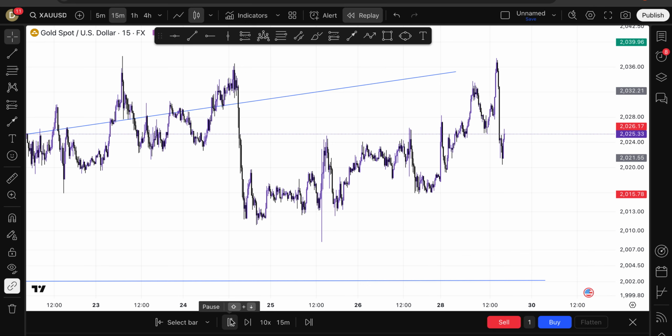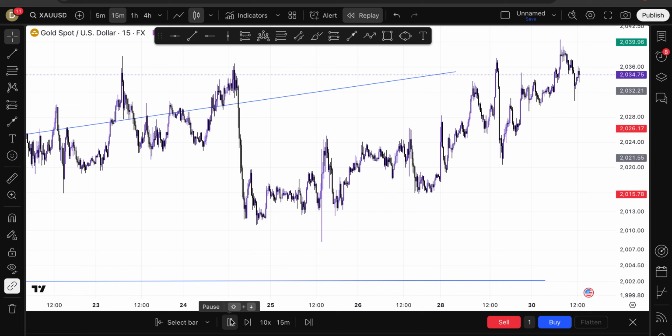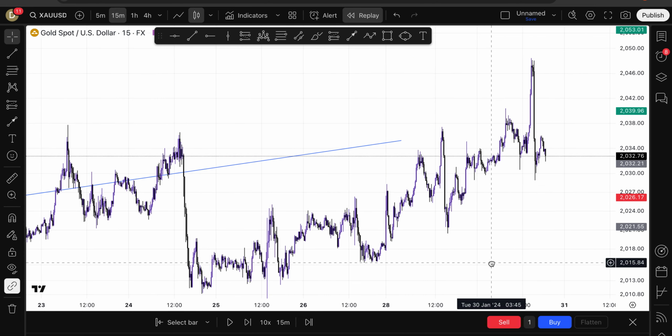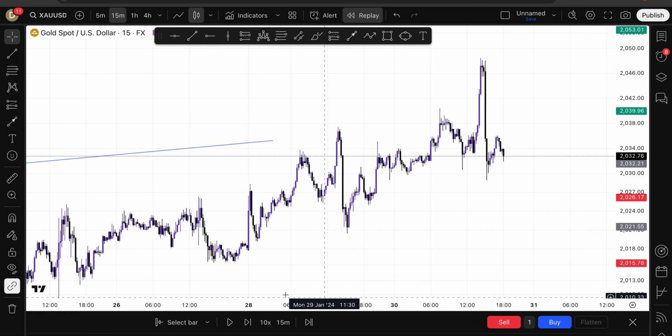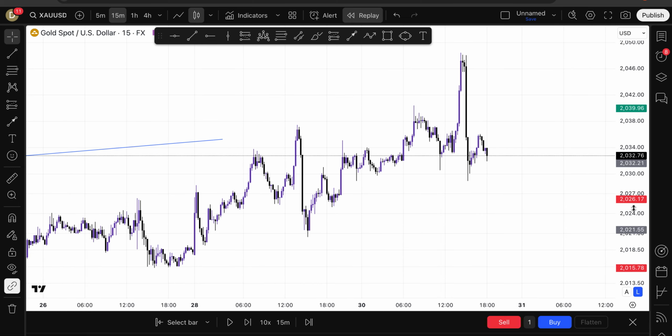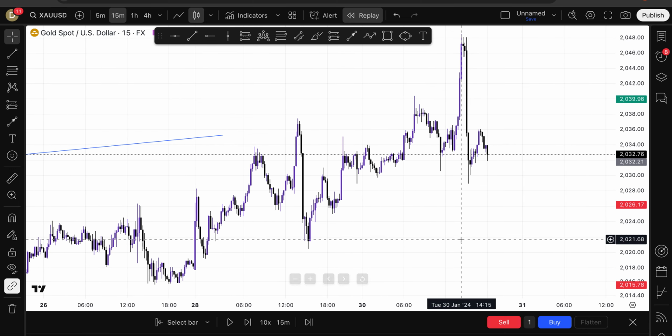So we are hoping for these 4 hours to kind of come in place. Okay, let's assume this market is gonna keep going high. If this market is gonna keep going high, let's know if we will see any setup from here.